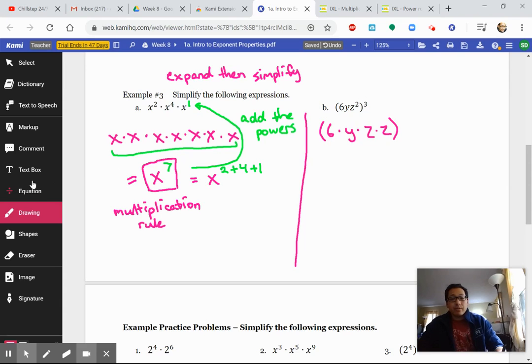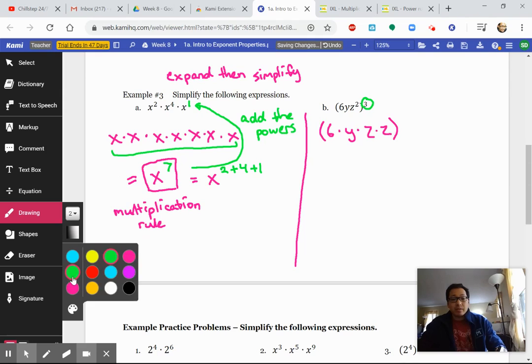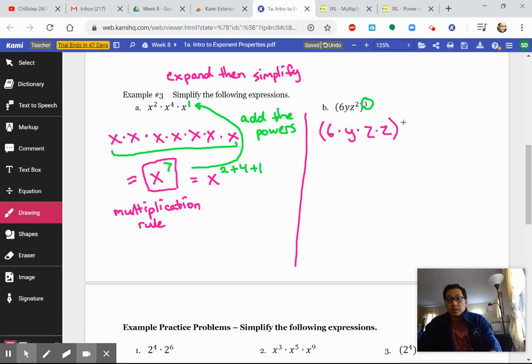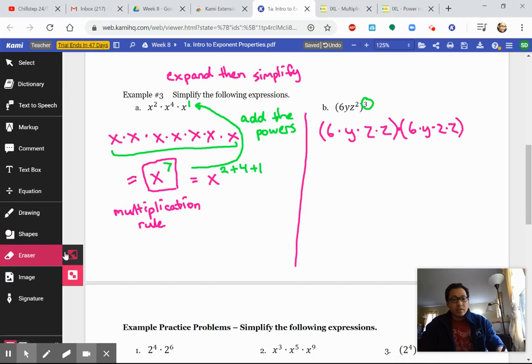And then this power of 3 here means that we're going to multiply it by itself 3 times, right? So on top of that, we're going to have another times 6 times y times z.